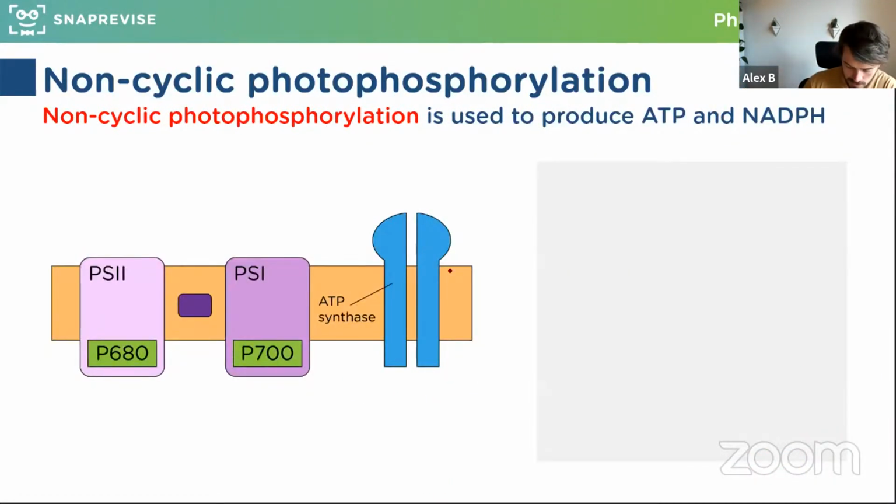Okay, so what's supposed to happen on this one? Oh, it was just talking about the electrons. Electrons plus H plus. We've already talked about this. I just drew it all on the same slide. Makes the NADPH.